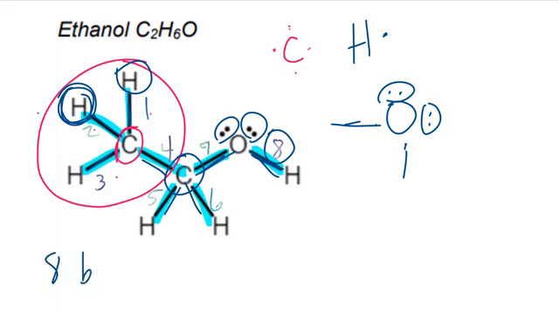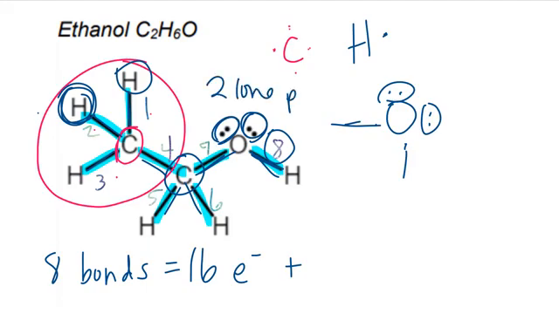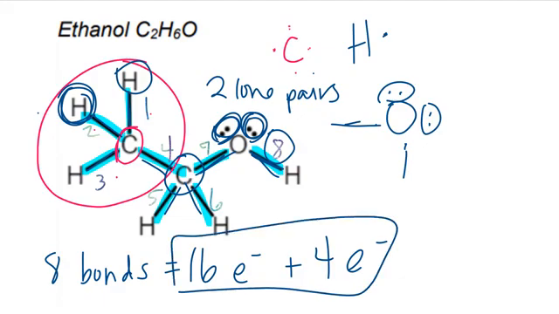So 8 bonds is equal to, there's always 2 electrons in those bonds, right? So that's 16 electrons. Plus, we have these 2 lone pairs. And so that's a total of 4 electrons. So ethanol, this whole compound has 20 electrons that are all taking part in this valence shell.